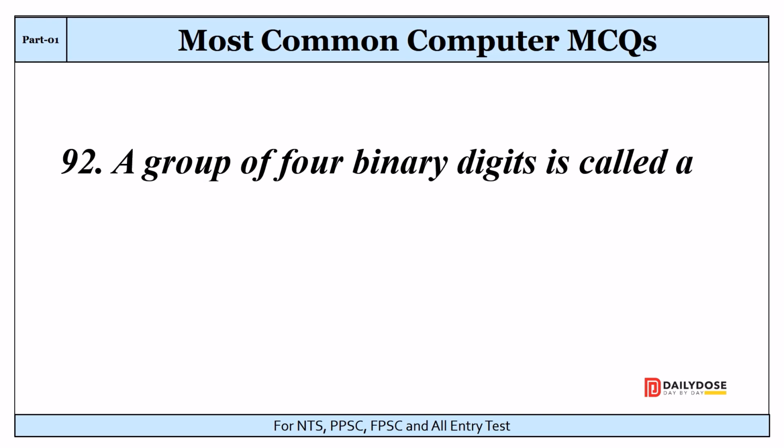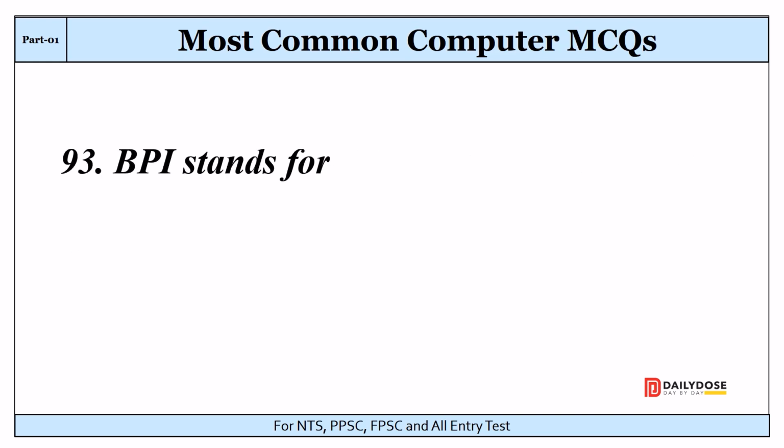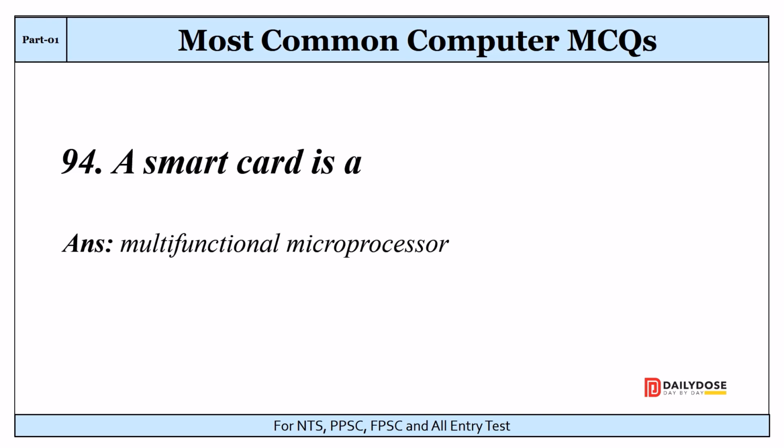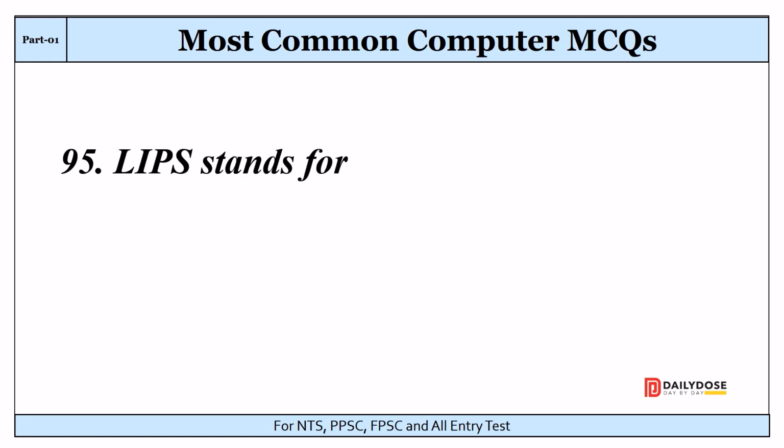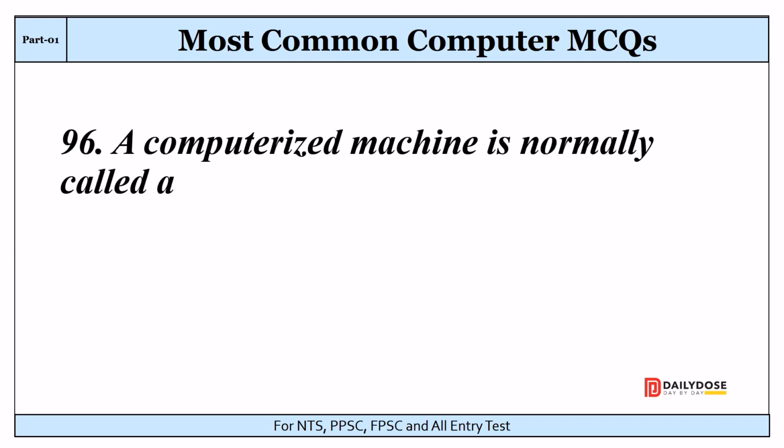A group of 4 binary digits is called a nibble. This is also a memory unit. BPI stands for bits per inch. A smart card is a multifunctional microprocessor. LIPS stands for logical inferences per second.